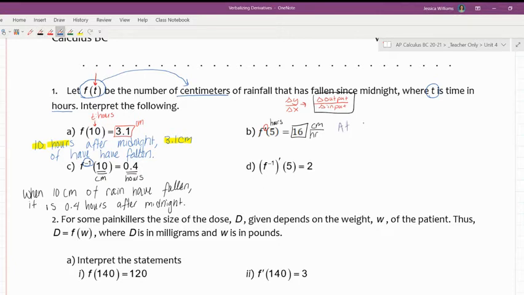My sentence is going to say, at 5 hours since midnight, rain is falling at a rate of 16 centimeters per hour.